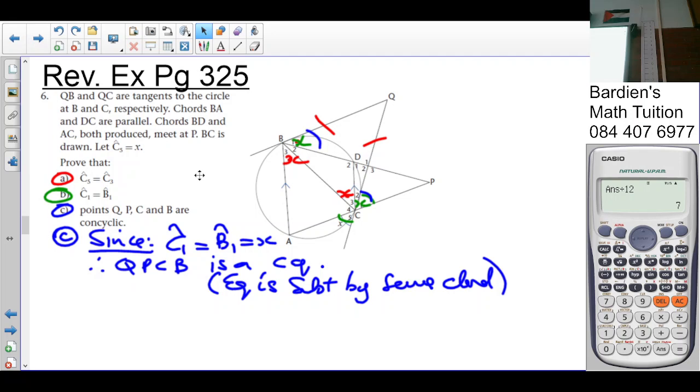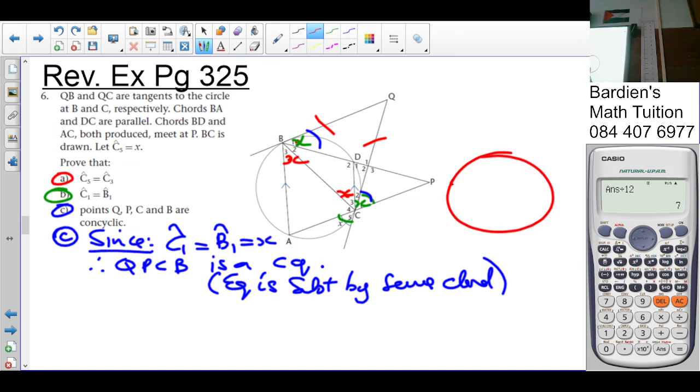Yes? Two points subtending equal angles. Yes, that's fine. I will give it to you. Nice. Okay.